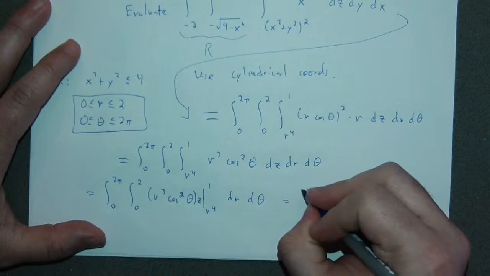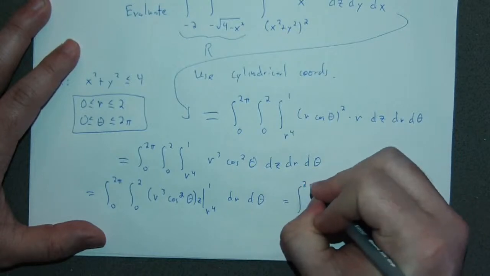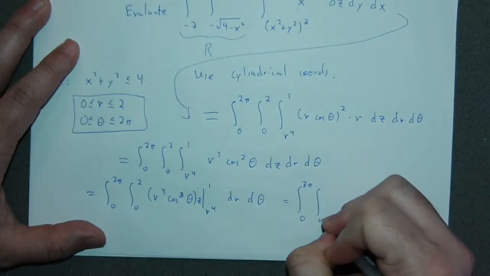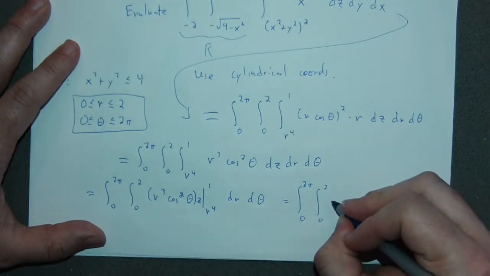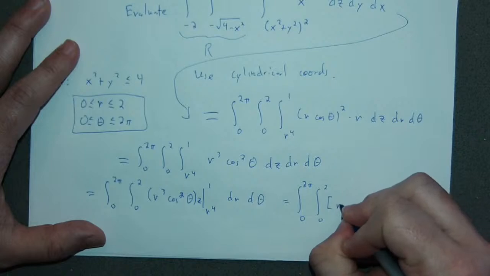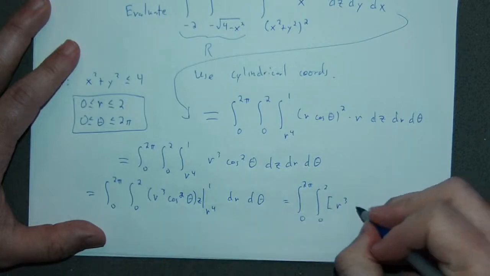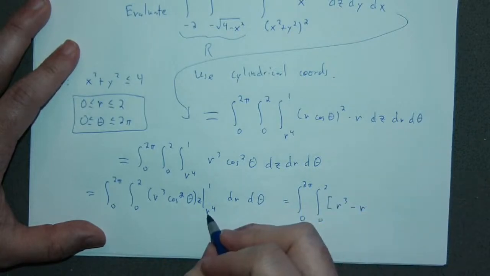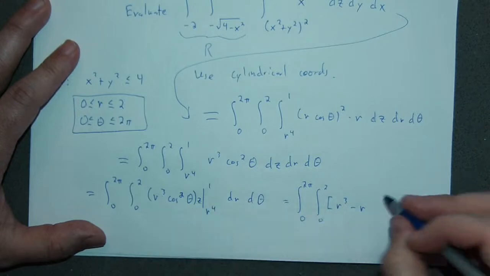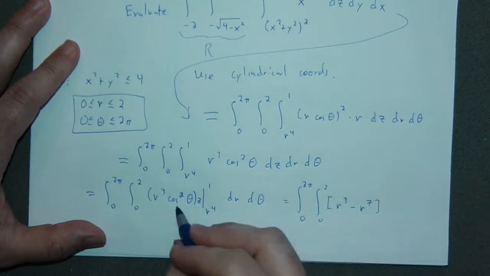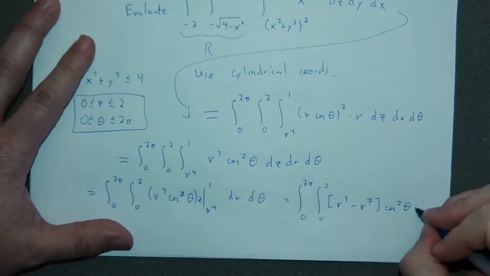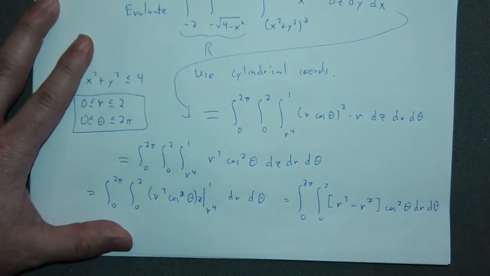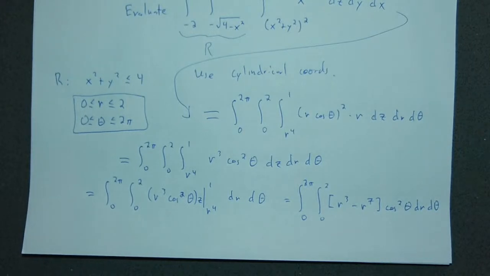So what does this become? This becomes the integral from 0 to 2 pi, the integral from 0 to 2 of r cubed minus r to the 4th times r cubed, which is r to the 7th, times all that times cosine squared theta dr d theta. Okay.